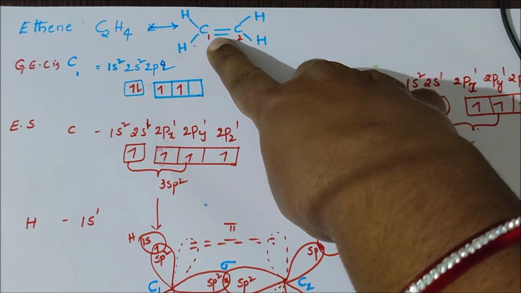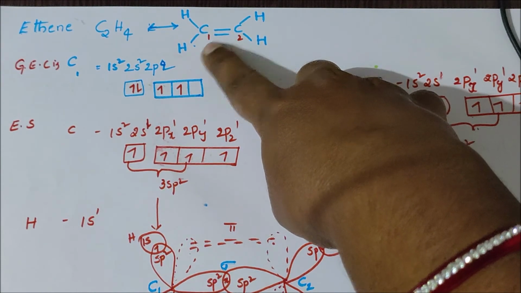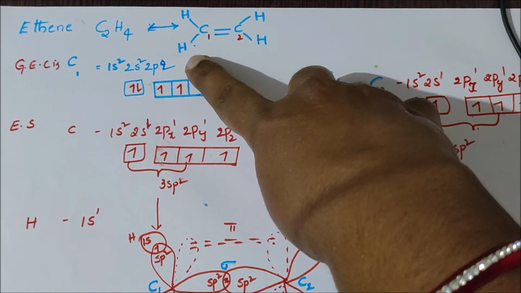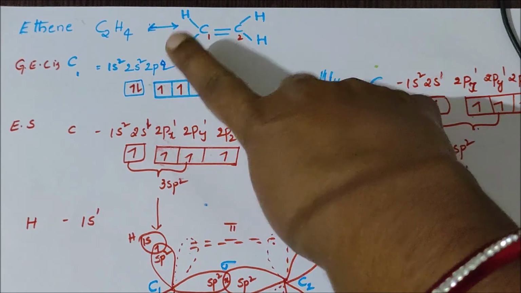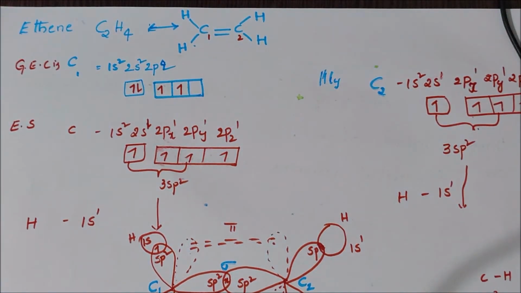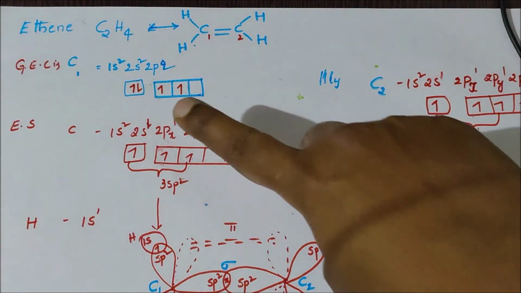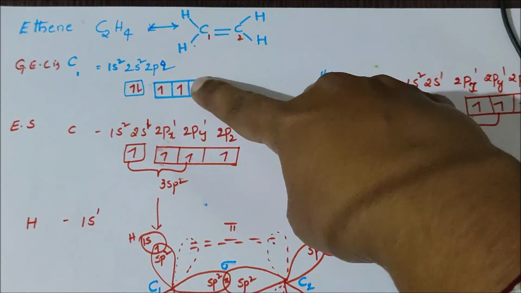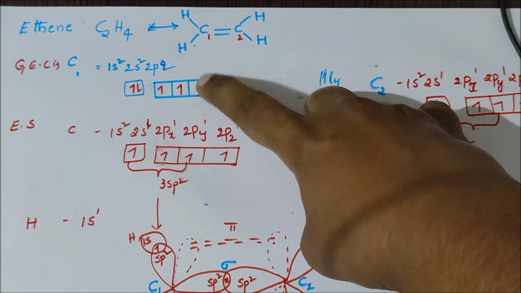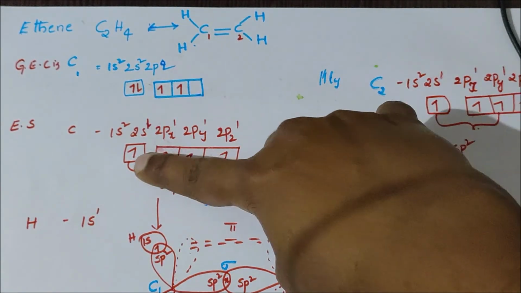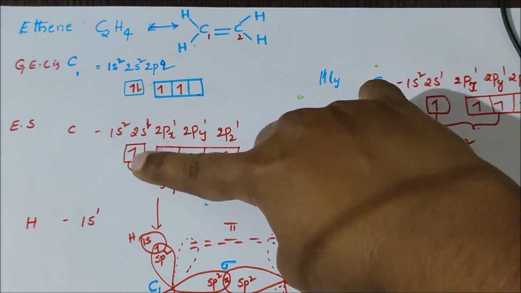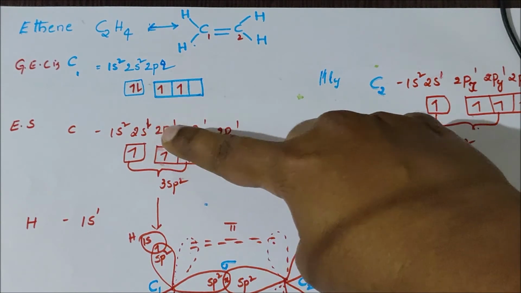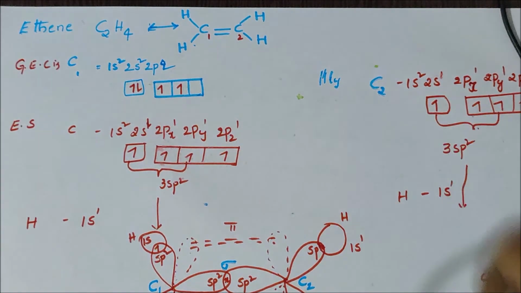In the first carbon atom, the general electronic configuration is 1s2, 2s2, 2p2, because the carbon atomic number is 6. The outermost shell contains 4 electrons, and one electron jumps to the 2pz orbital. The excited state electronic configuration of the carbon atom is 1s2, 2s1, 2px1, 2py1, 2pz1.